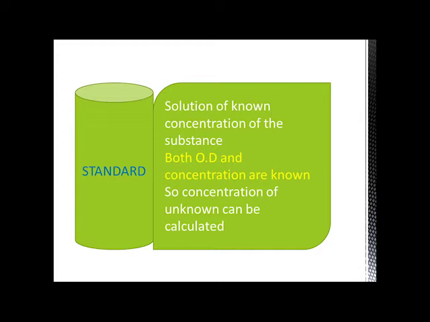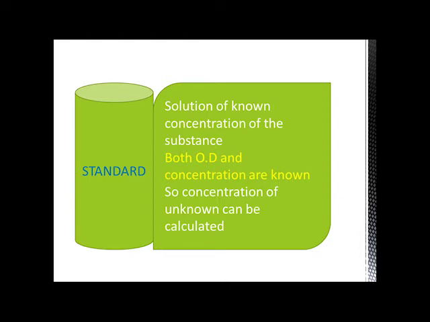So the standard set consists of 2 microgram to 15 micrograms, and the unknown concentration is between 5 to 10 microgram. So both the OD, optical density, and the concentration of standards are known.